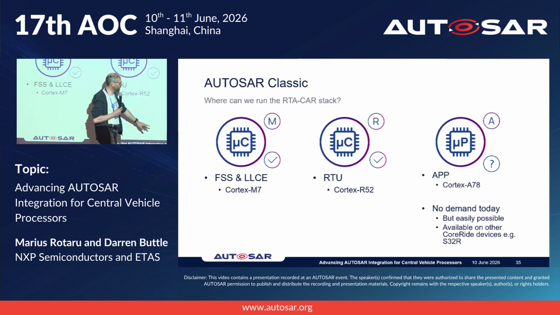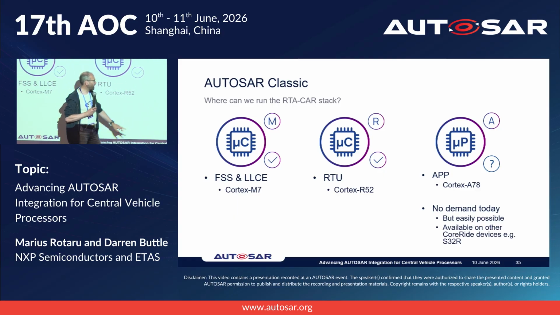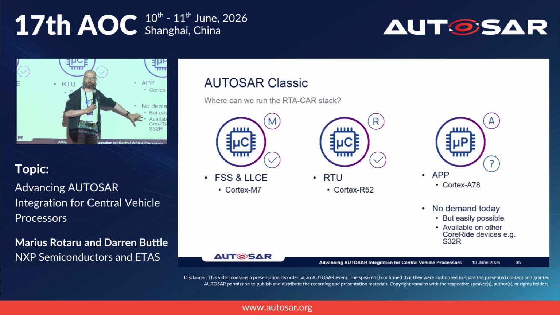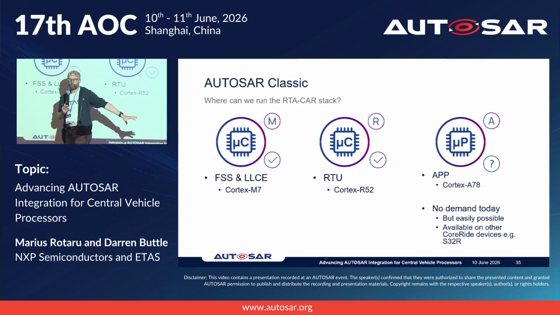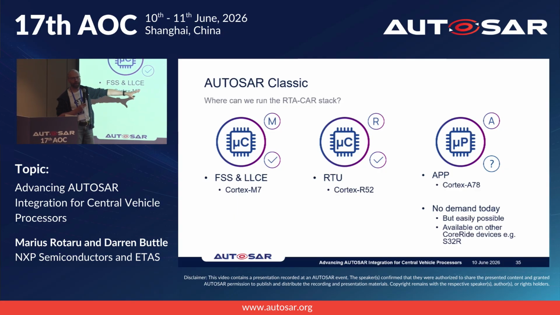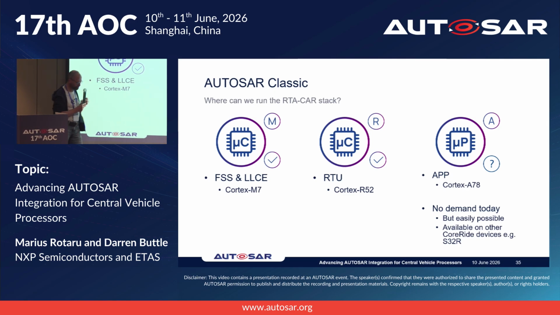If we take something like the S32R, for example, we've got customers using the S32R radar devices, and they are running the normal AUTOSAR Classic stack on the A cores for some fairly clever point map functionality. So that's an easy thing to add in there, but in the actual demonstrator that we've built, we're just running on the R cores and the M cores.